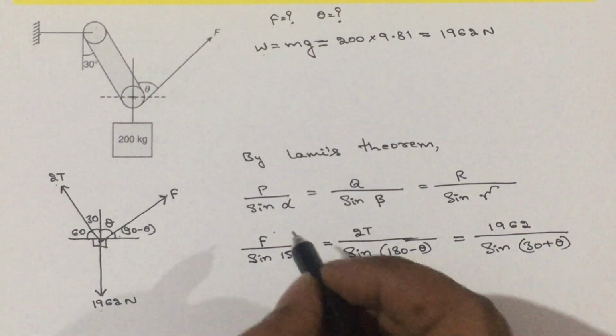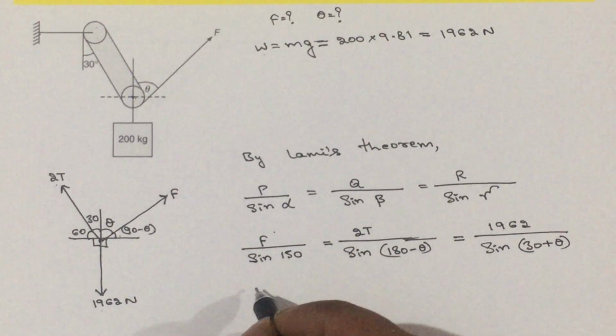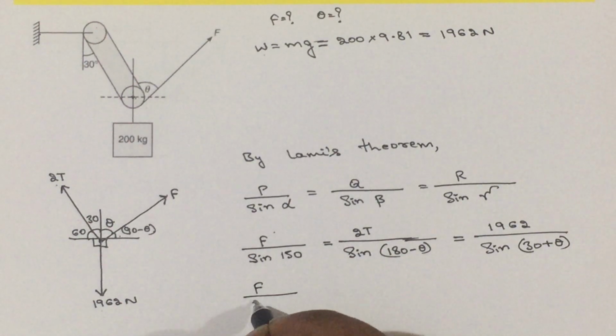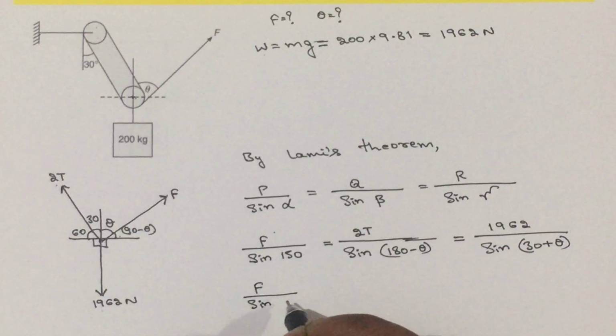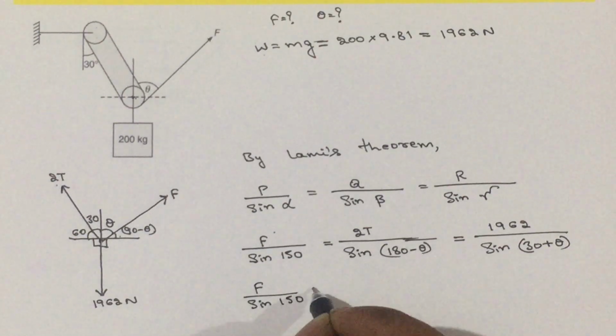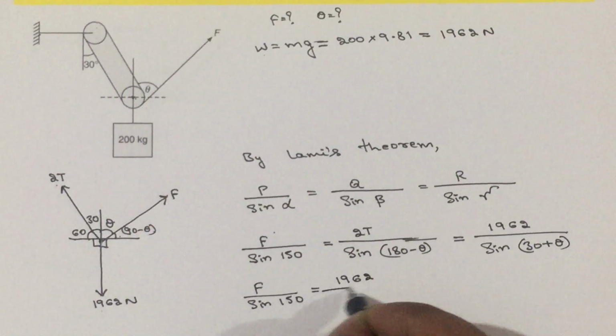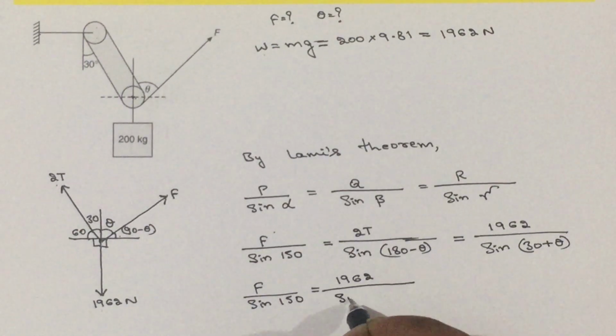So, take the first part and the last part, you are going to get F divided by sin of 150 will be equal to 1962 divided by sin of 30 plus theta.